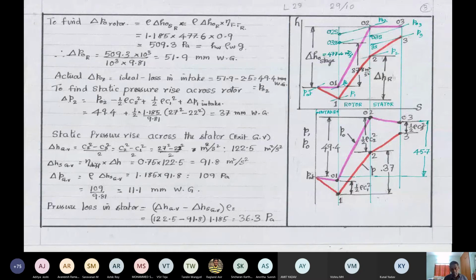I have not gone into detail there. So this delta H guide vanes minus delta H S guide vane, divided by C square by 2, that will be defined as a coefficient called enthalpy loss coefficient. Okay, maybe when we have time later I will go to that.